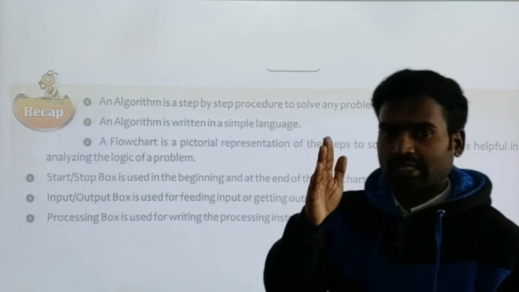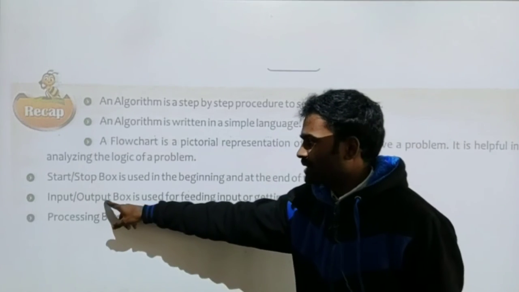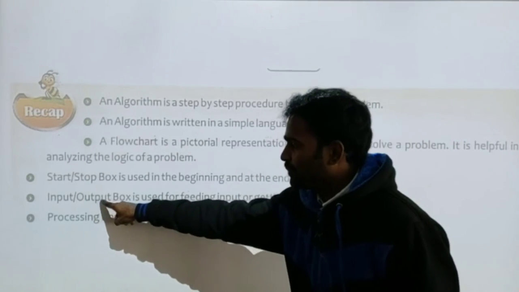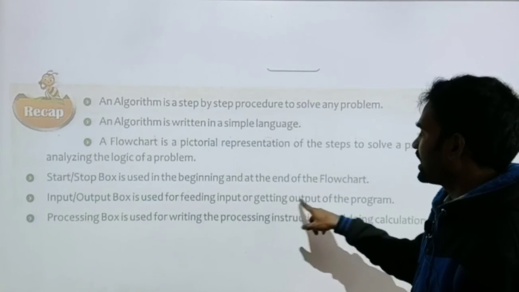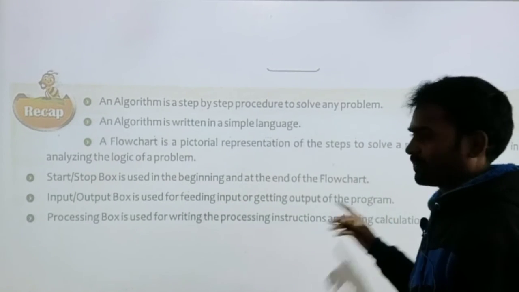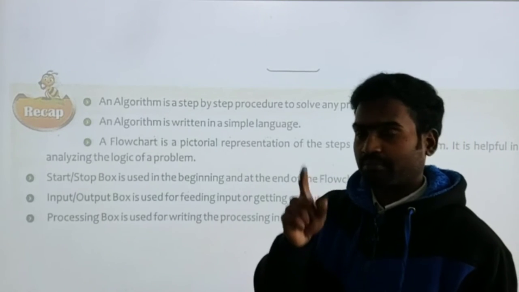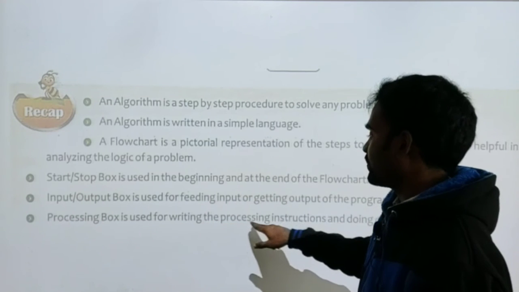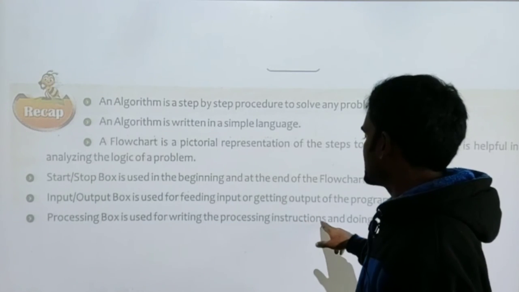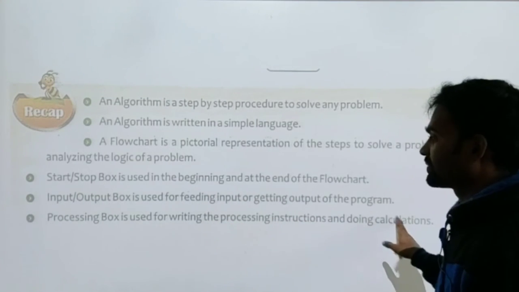So don't confuse them, please be careful. The input and output box is used for feeding input or getting output of the program. Both are the same diagram. The processing box is used for writing the processing instructions and doing the calculations.